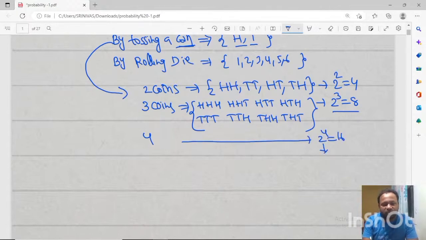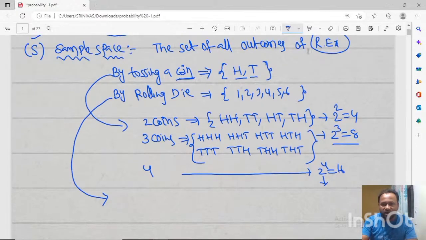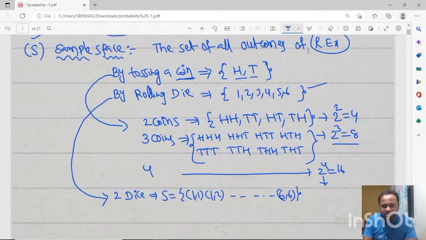Next, if we roll a die, what are the outcomes? Already we have seen 1, 2, 3, 4, 5, 6. If we roll 2 dice, we will get the sample space as 1,1; 1,2; and so on up to 6,6.